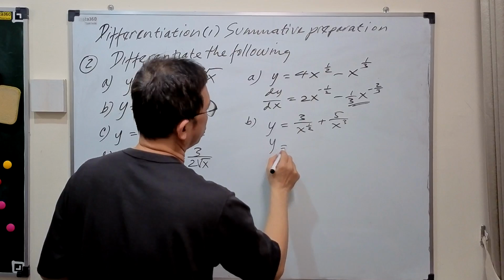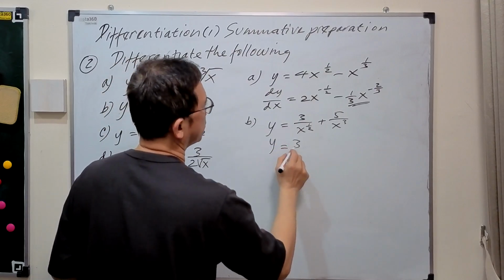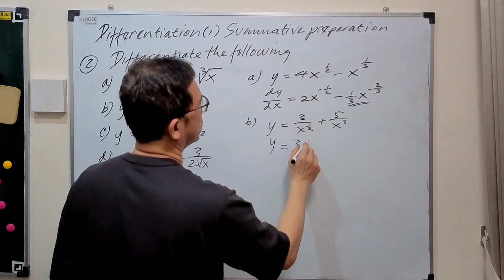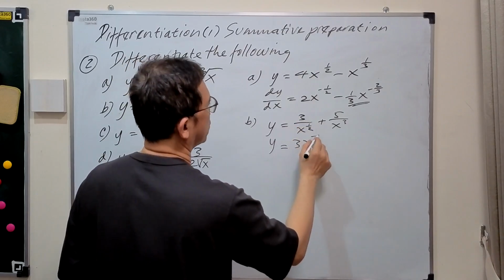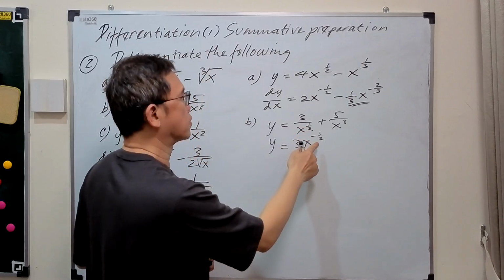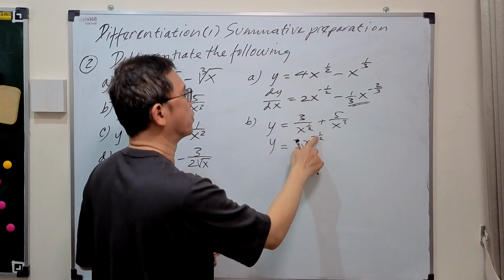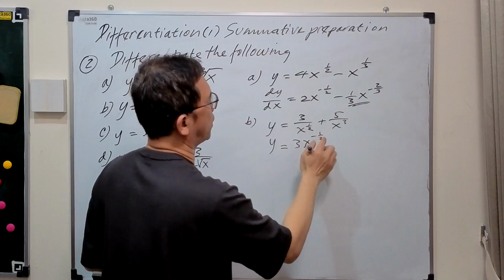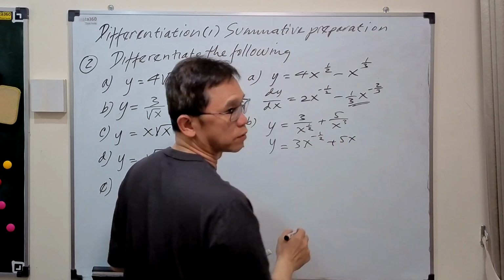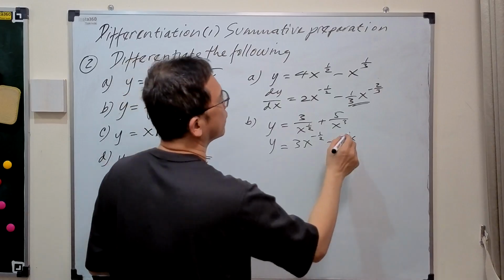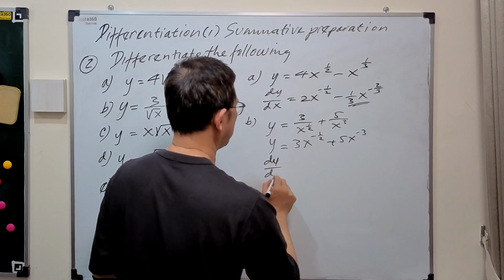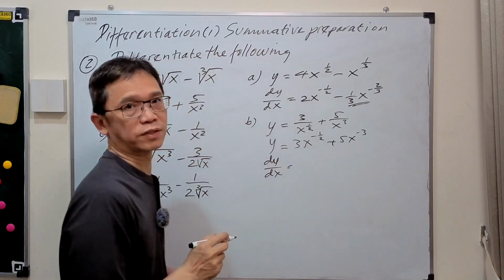Now this will be moved to the top, then you switch the power. Before it's plus, then if moved to the top, it will switch and become minus. So this will be 5x to the power of -3. Now this expression is ready to be differentiated.